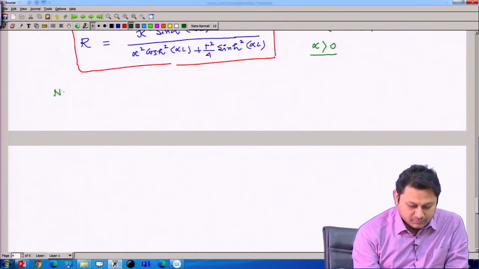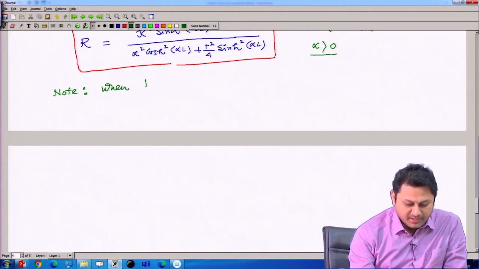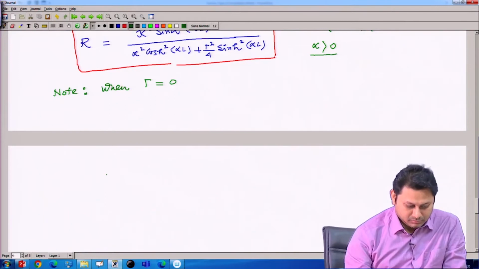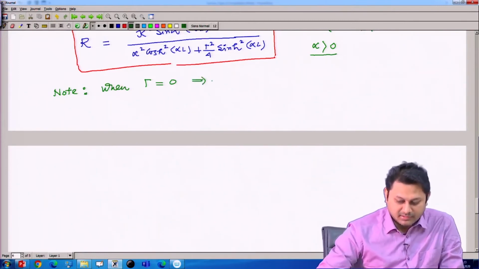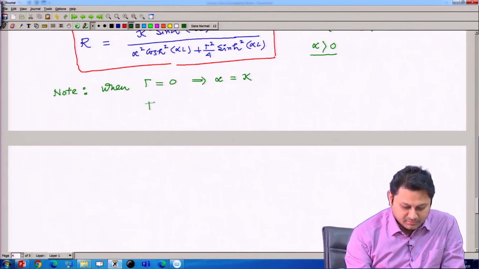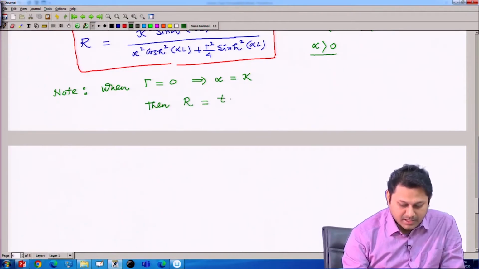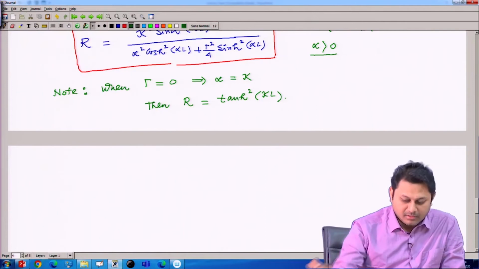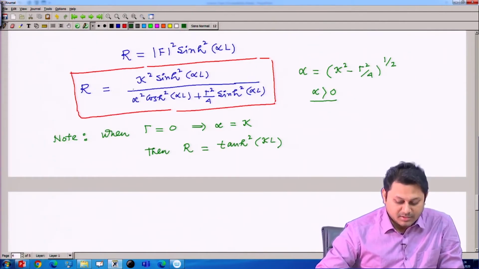So, note when gamma is equal to 0, this basically tells us alpha is equal to kappa, and the reflectivity expression simply becomes tan hyperbolic square kappa L, which we already calculated as the value of the reflectivity when the Bragg condition is satisfied.